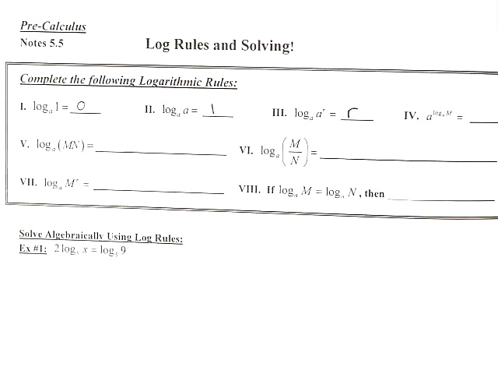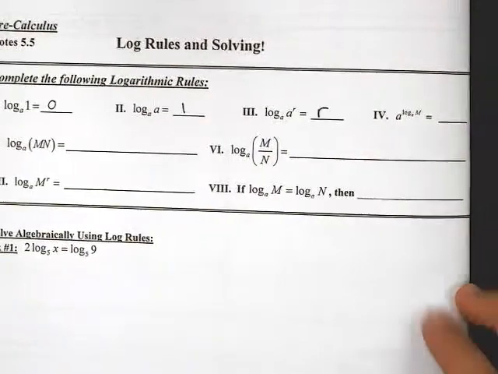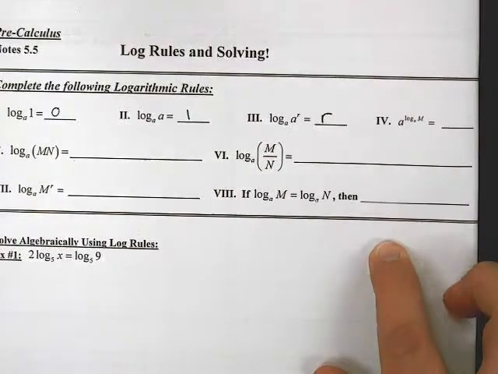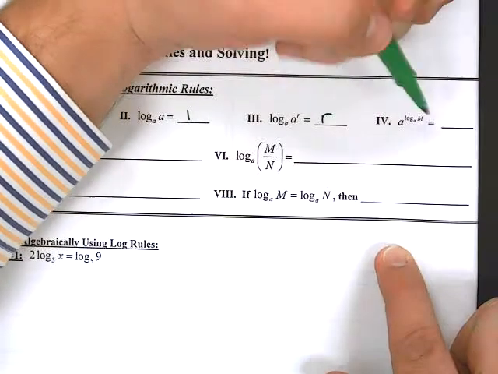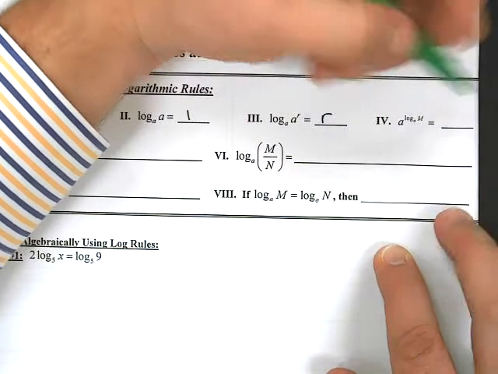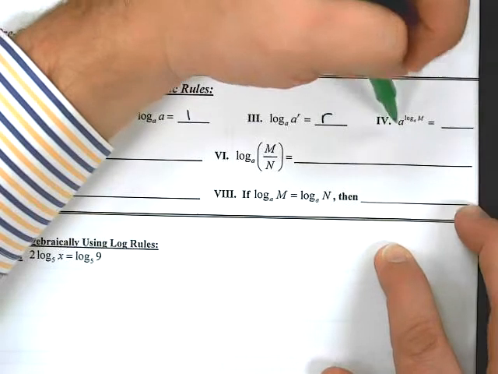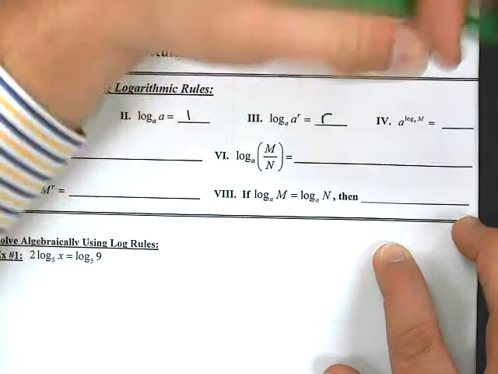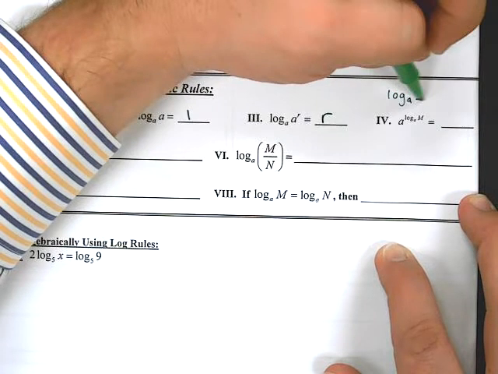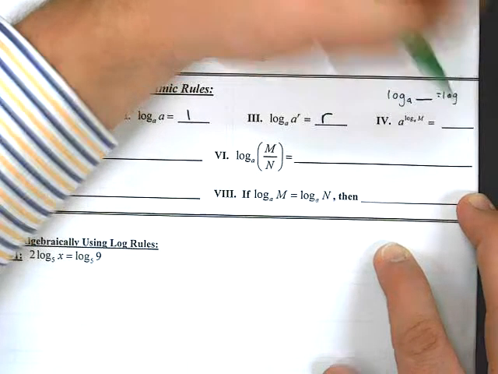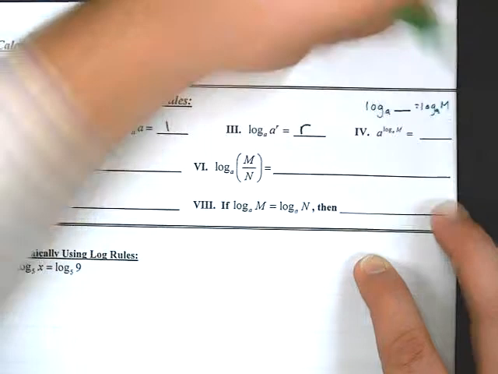Alright? And the last one, probably the funkiest of them all. Remember that this is currently in exponential form. You could write it in log form if you would like. If I do that, it would be log base A of blank equals log base A of m.